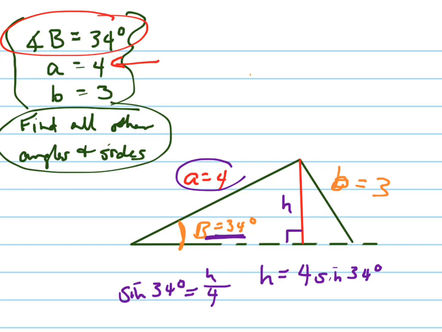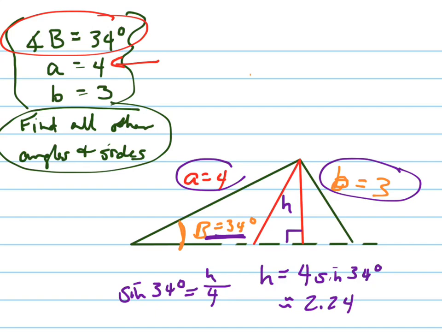Punch that into your calculator. 4 times the sine of 34, which is approximately 2.23, 2.24. Since that height right there, 2.24, is smaller than b, that means that b could either be outside here or it could be inside here.